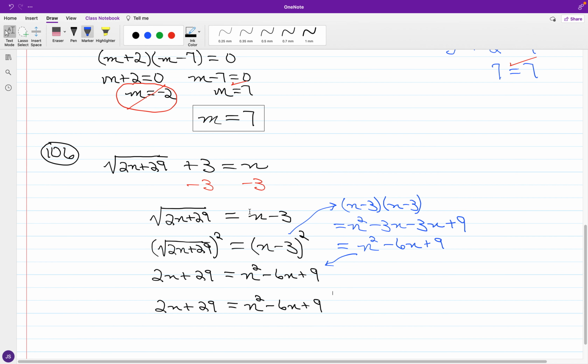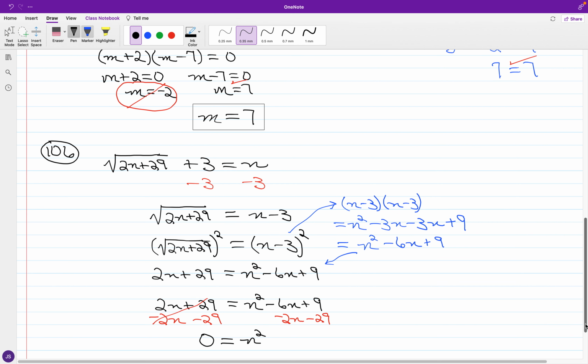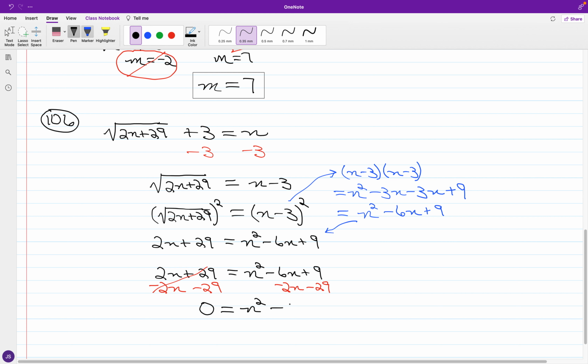Moving the variable terms from the left hand side, subtracting 2n as well as 29, we have 0 equal to n squared, and negative 6n and negative 2n will be minus 8n, and 9 minus 29 is negative 20.